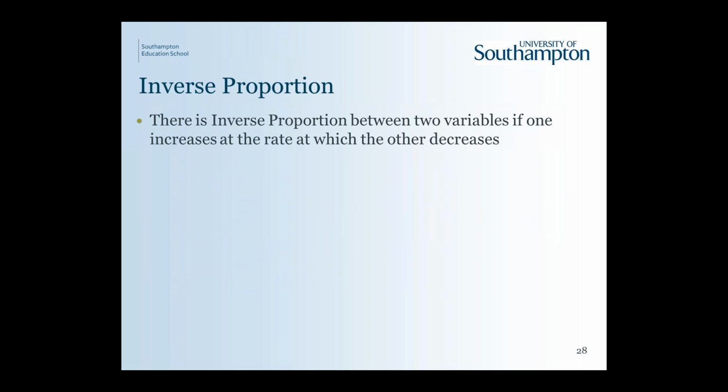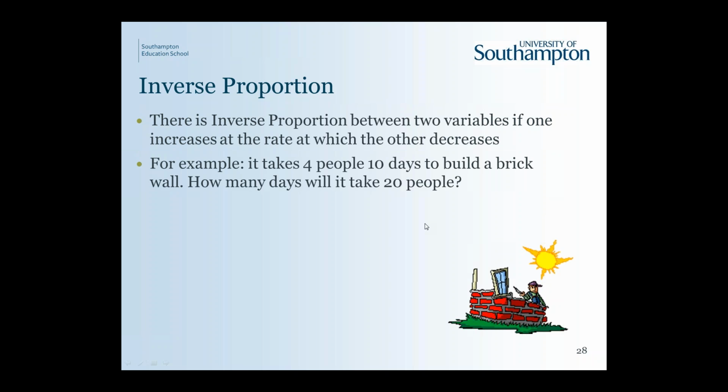So for example, as the temperature in the summer increases, the sale of gloves decreases. So those two things would be inversely proportionate.